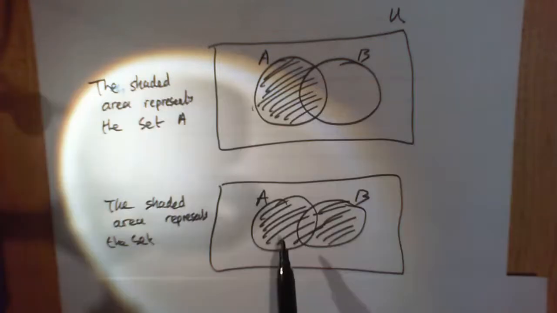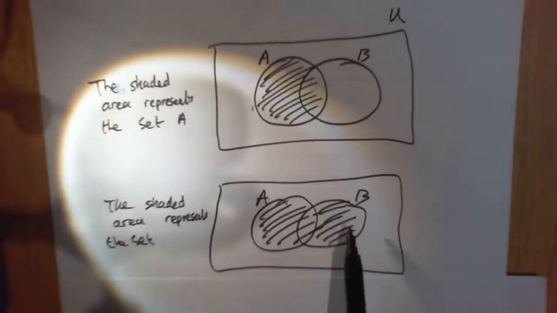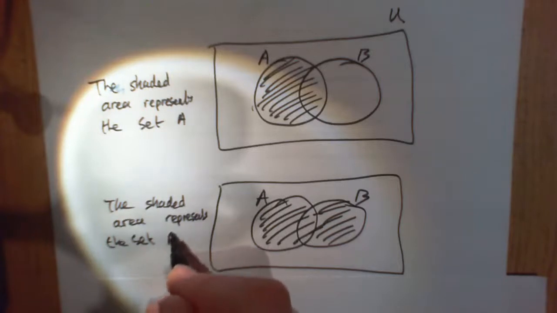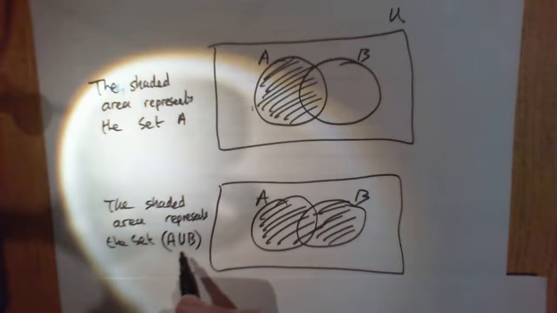Now, how would we describe A and B both together? Well, isn't it A union B? That's the set.